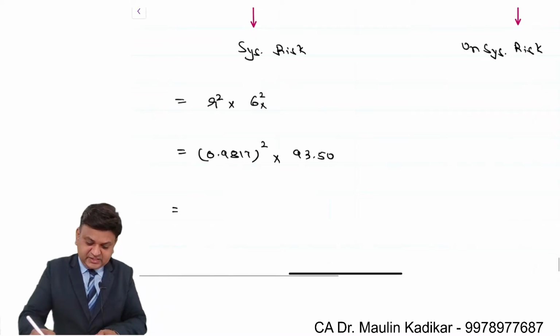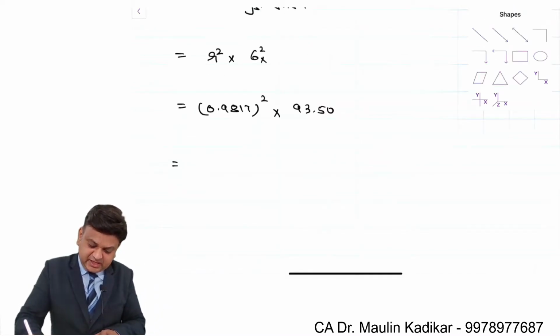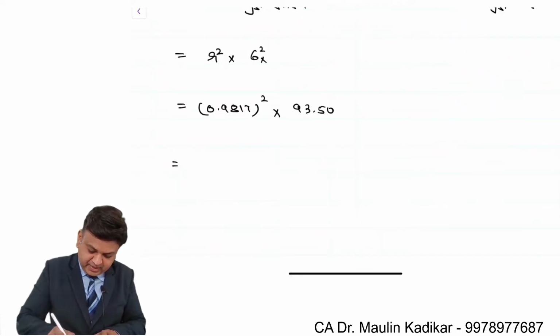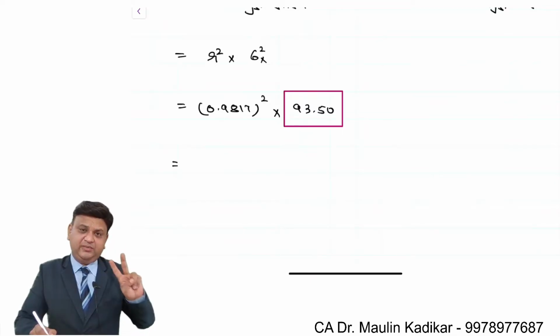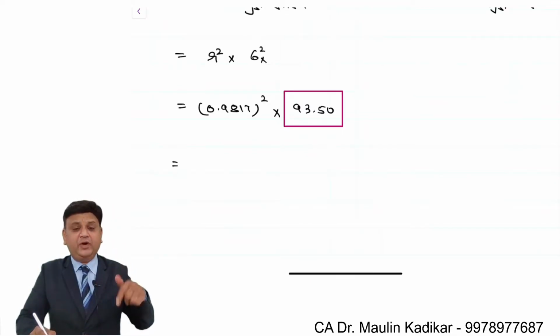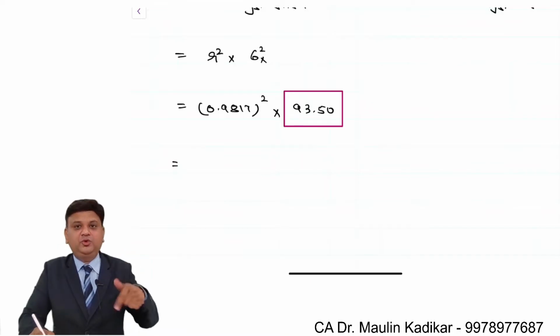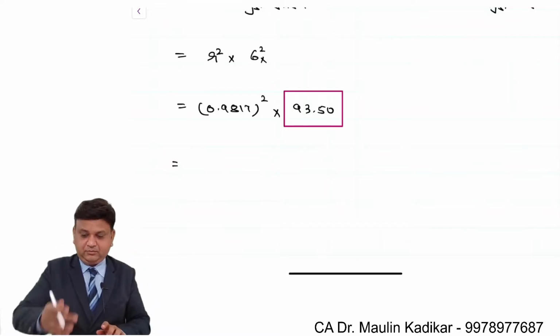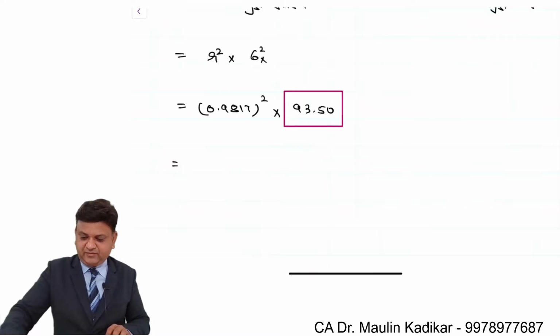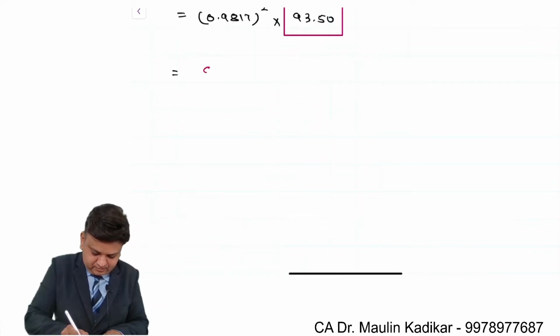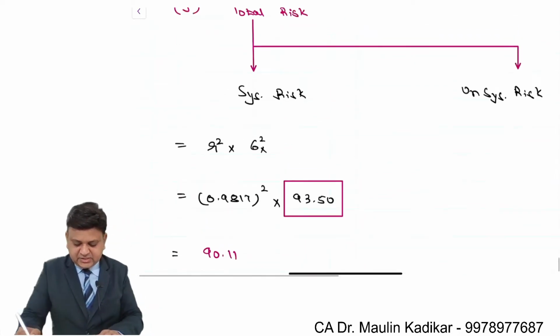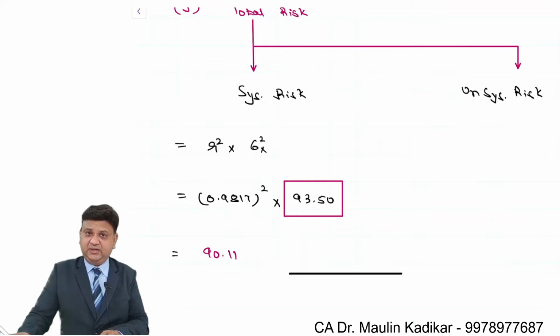The variance of the security indicates the total risk, and r square into sigma x square indicates the volatility in the security's return due to market changes. So use your calculator: 0.9817 into 0.9817 into 93.5 comes to 90.11. This is the systematic risk.